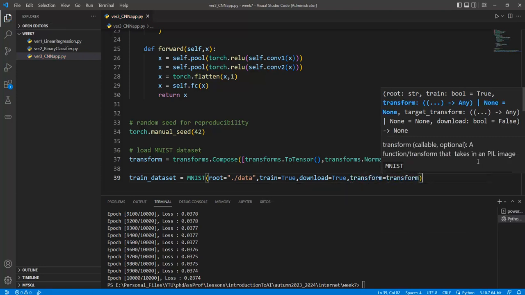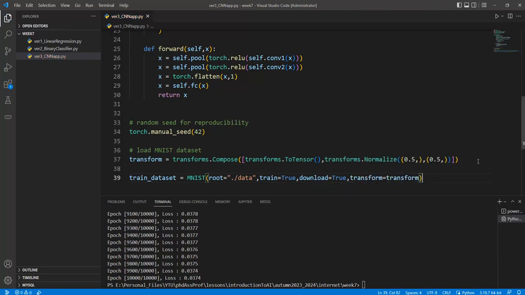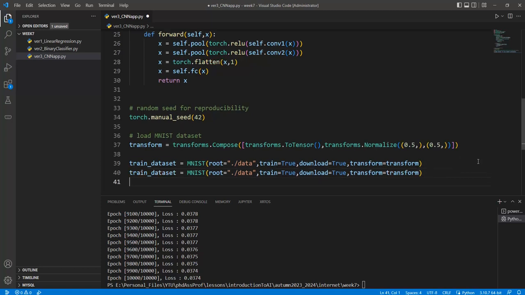These are the basic parameters, right? And after that, the test dataset is assigned with the root data, but train must be false.